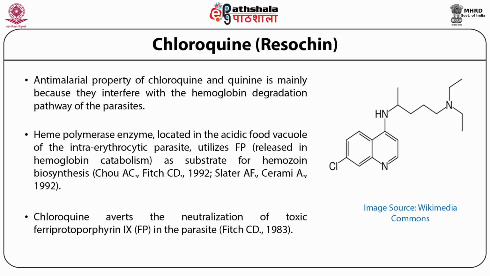The heme polymerase enzyme, which is located in the acidic food vacuole of the intraerythrocytic parasite, utilizes this ferriprotoporphyrin 9, which is released from hemoglobin catabolism, as the substrate for hemozoin biosynthesis.